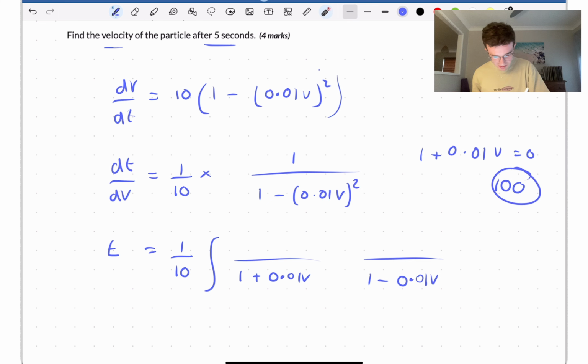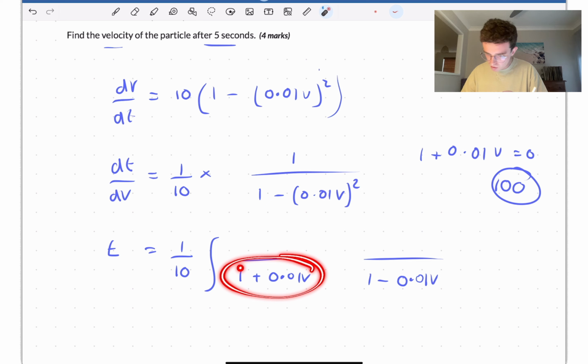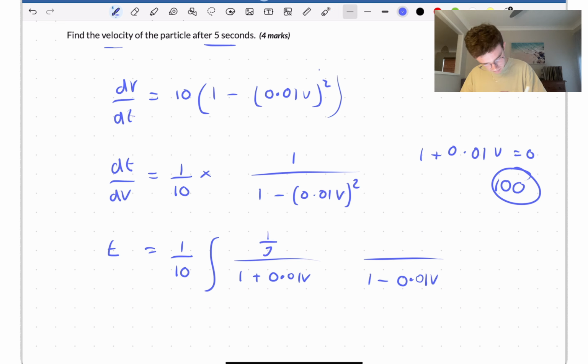So first of all, we want to set it to be minus 100 for this one. So 1 over 1 minus 0.01 times 100 gets me 1 on 2. And then over here, we're going to make it positive 100. So this is going to be 1 over 1 plus 0.01 times 100, which is 1 on 2 again.